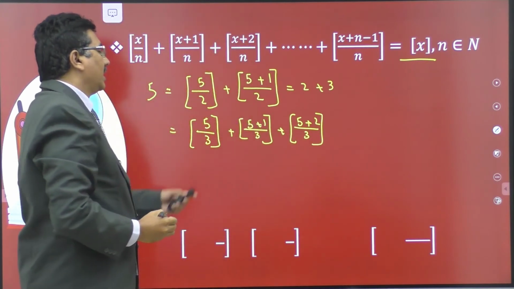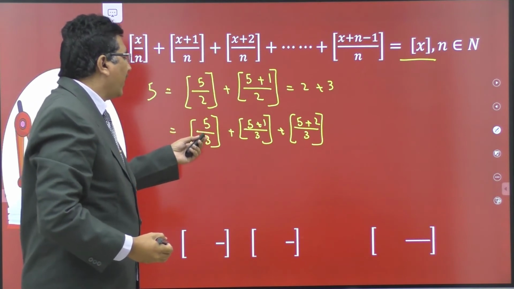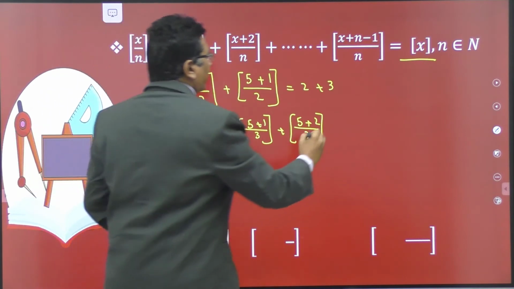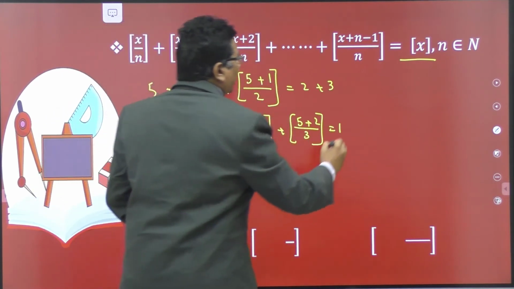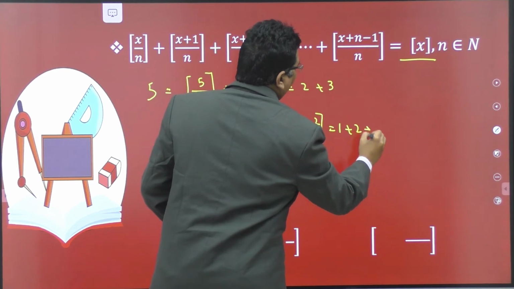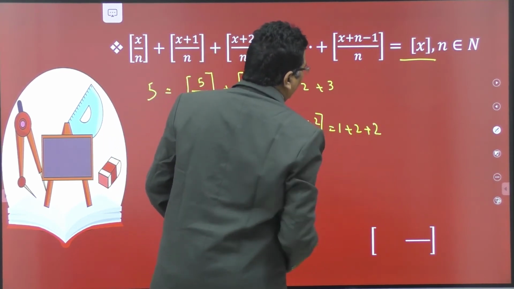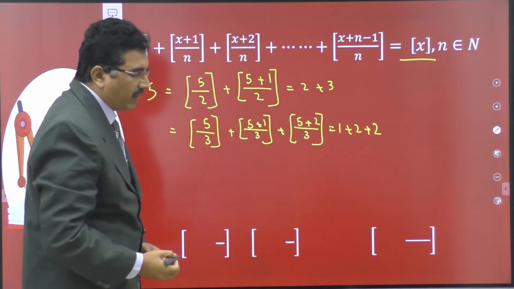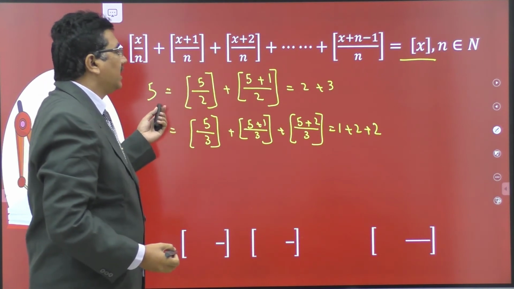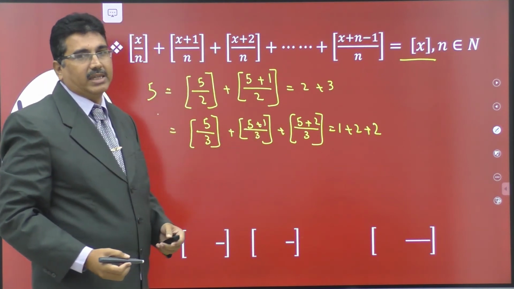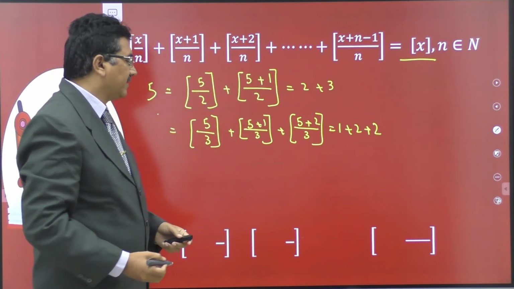Now verify whether this value is equal to 5 or not. Floor of 5 by 3 is 1. Floor of 6 by 3 is 2. Floor of 7 by 3 is also 2. So this will be 5. By using this result, we can write any number in different ways. This value is equal to floor of x.